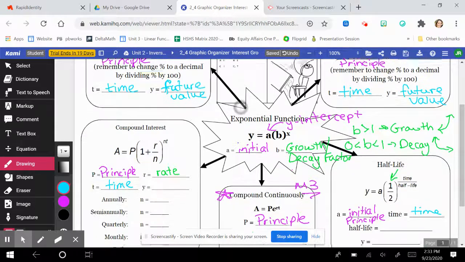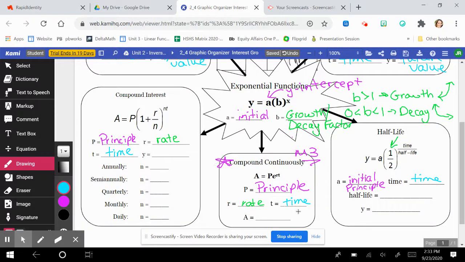Exponential equations have a huge real-life implication. All right, so we have our future value. Sometimes you will see that as big A. Notice that's different than the little a. It's capitalized, and half-life is half-life.